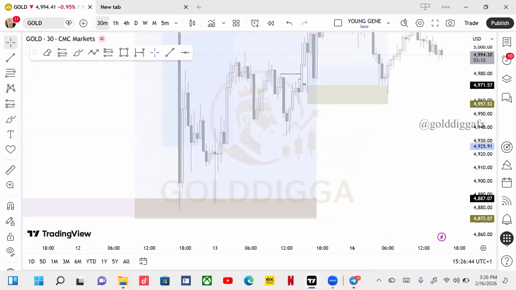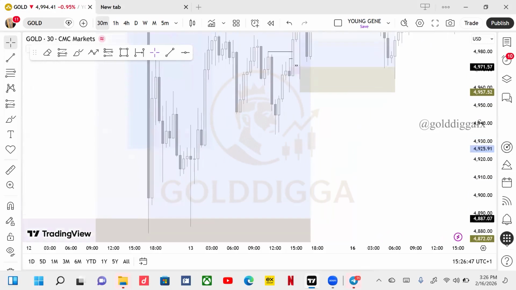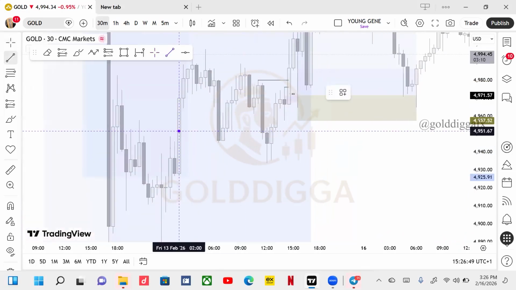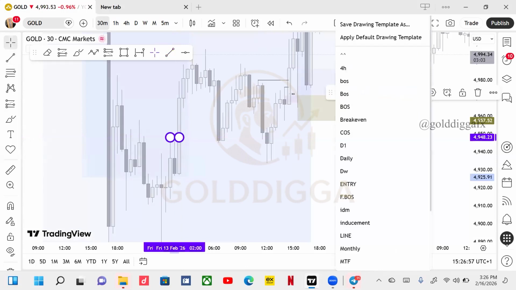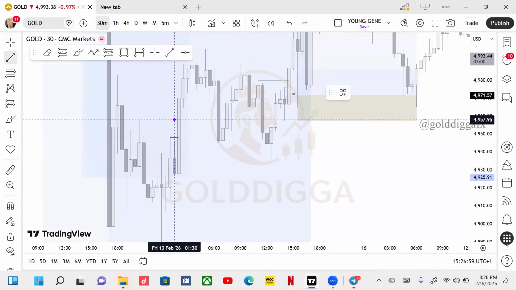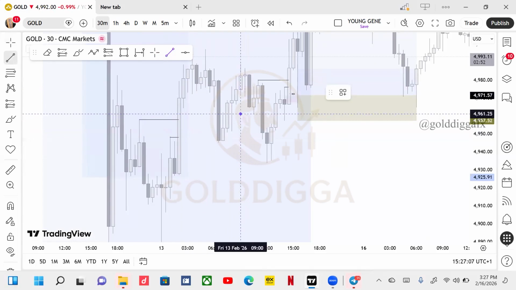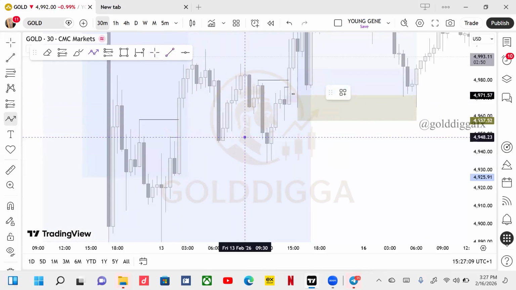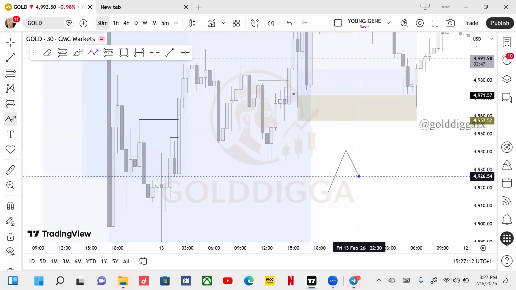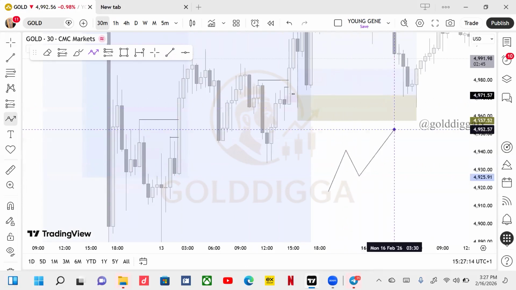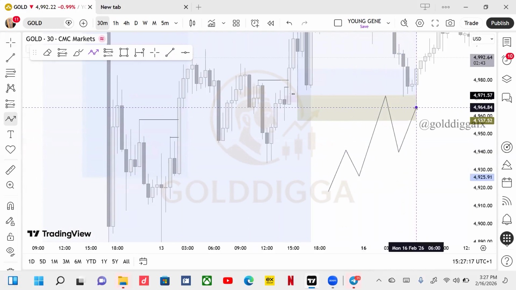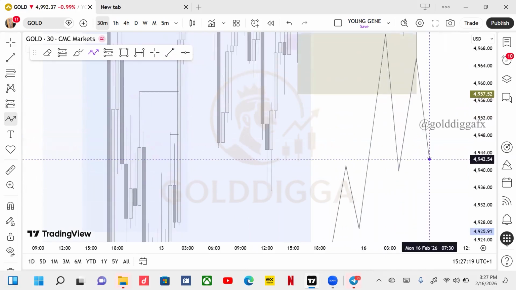As you can see here, after this first tap, price gave us, I think, a type 3 entry model here, because we had the double structure break from here. You know what the type 3 is, where price gives you a break and then comes back and goes like this before coming to the entry.